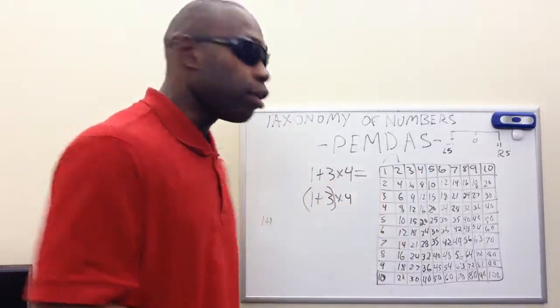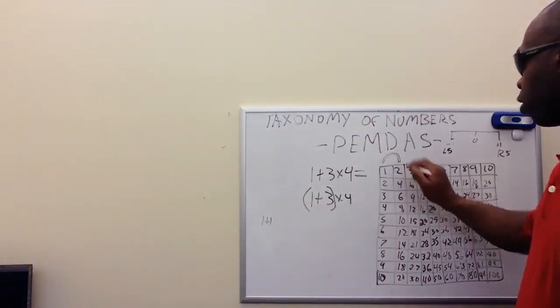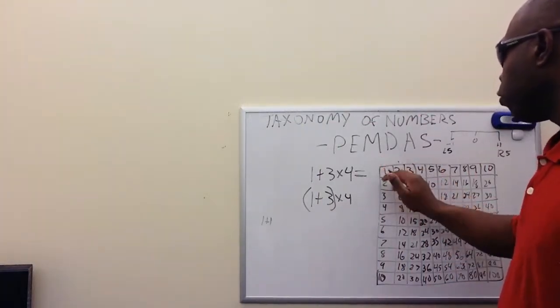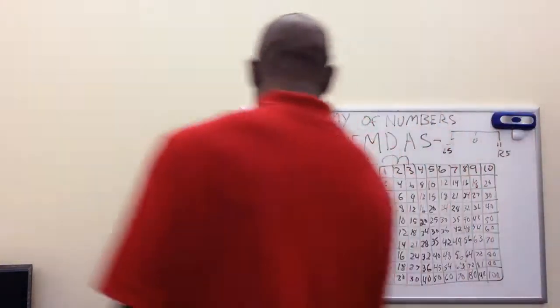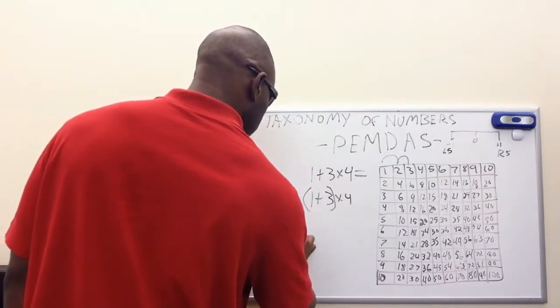So I'm implying that I'm moving through space and changing from this one to this one. If I say that I have 1 plus 2, then I'm moving through space 2 times, and I'm going to get 3. So 1 plus 1 equals 2. 1 plus 2 equals 3.